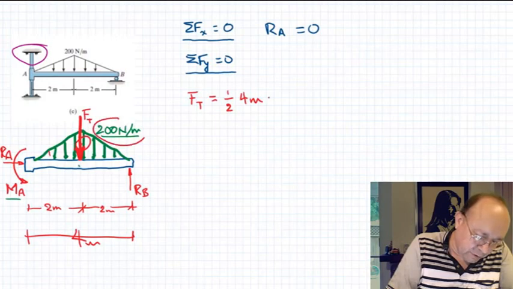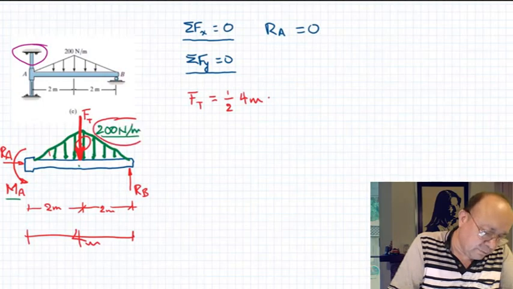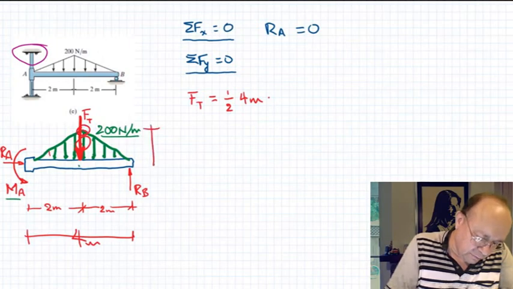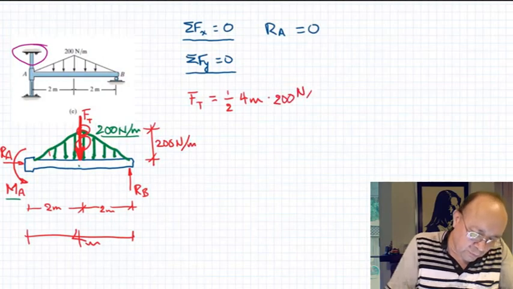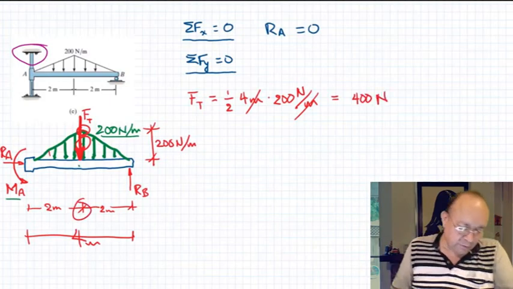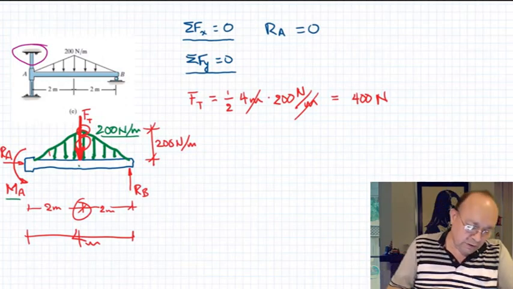The height is given by this value here, 200 newtons per meter. Meters and meters cancel. So this is equal to 400 newtons. And it's located in the middle at 2 meters from either support. So that's the force that we have right there.